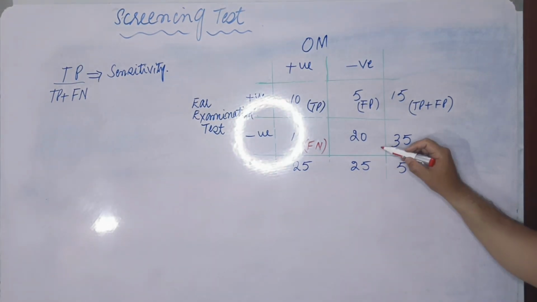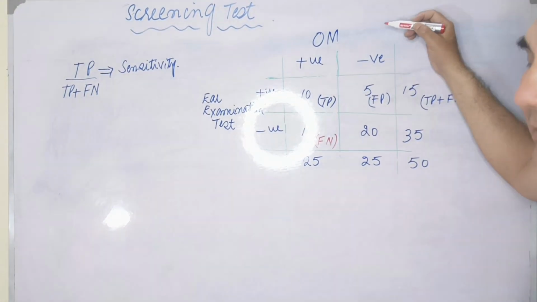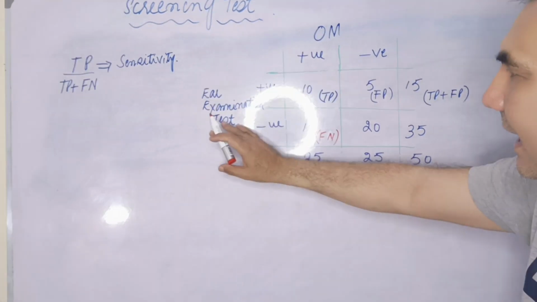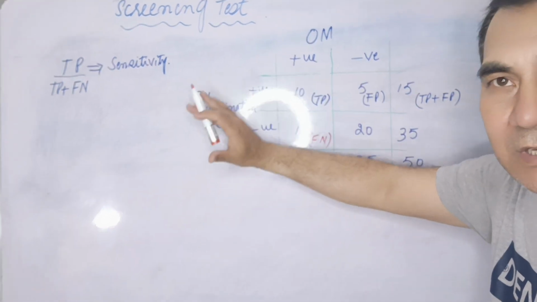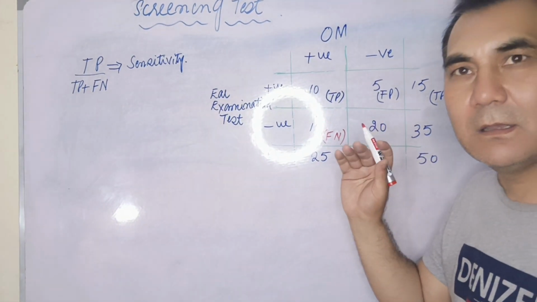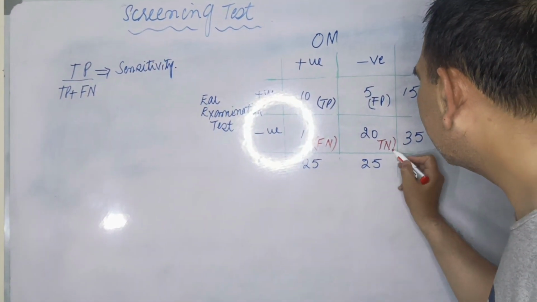Now the fourth cell, what is it? The signs and symptoms of the disease are not present, and the screening test also identifies him as test negative. So it is called the true negative.